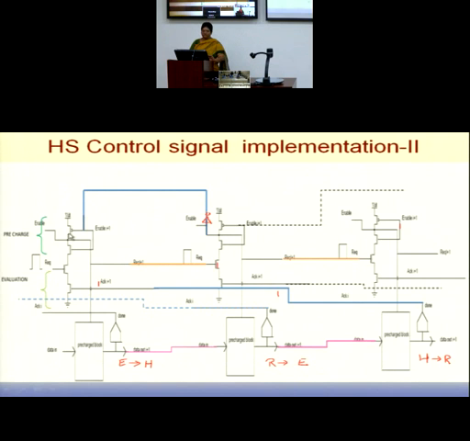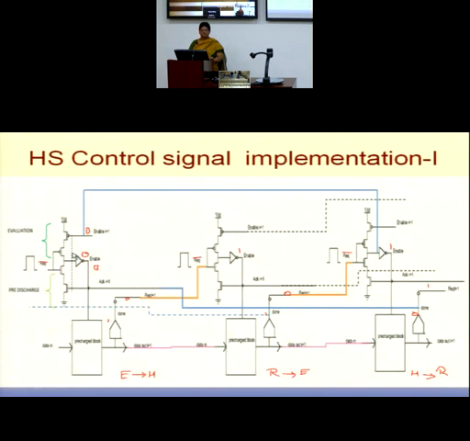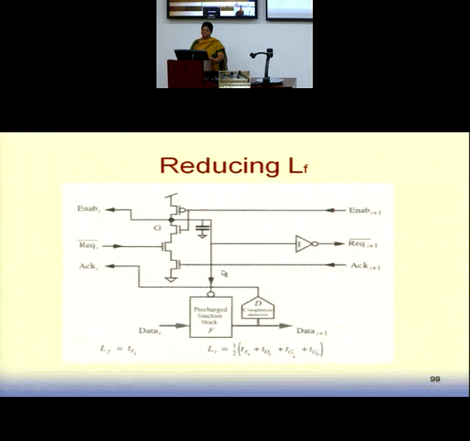Again, modification is required in the Muller-C element. Remember there we broke this connection, and I tapped a signal in between and returned it appropriately so that the pipeline works correctly. Again, the modification is required in the Muller-C element.